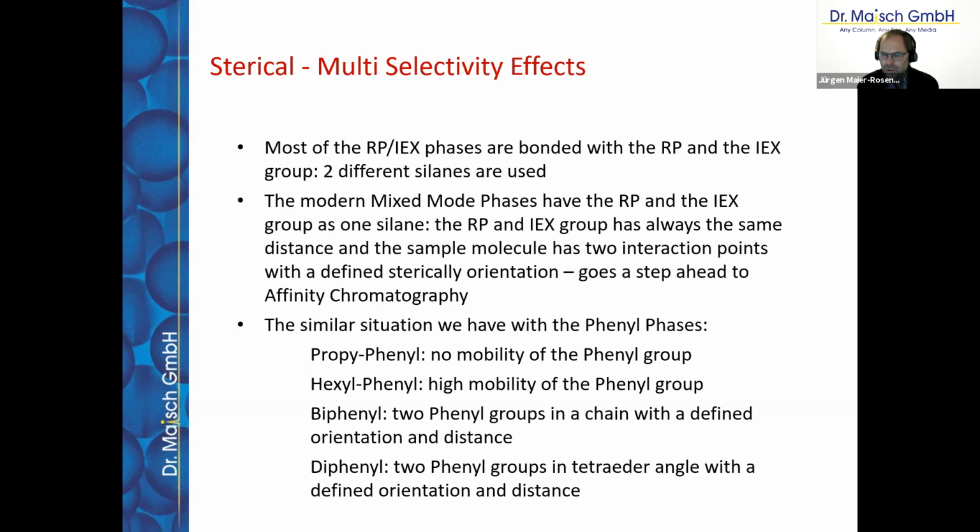In the modern mixed mode phases, we have the reverse phase and the IX group on one silane. So the reverse phase and the IX group always have exactly the same distance, and the sample molecule has exactly two interaction points, the lipophilic and the ionic, always at the same distance and in the same spherical orientation.